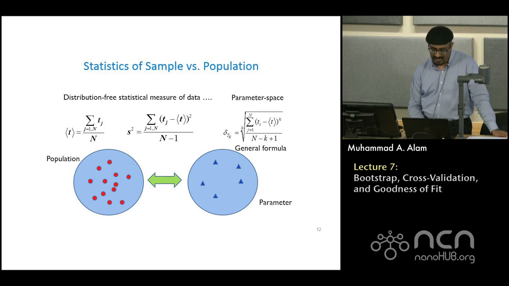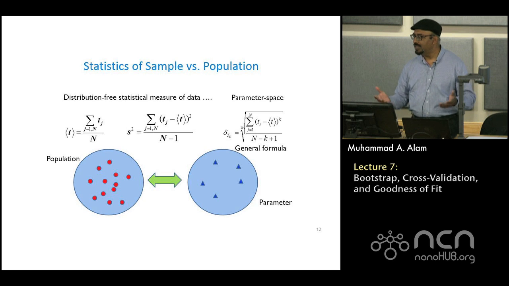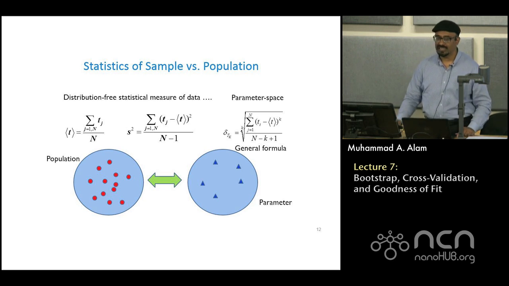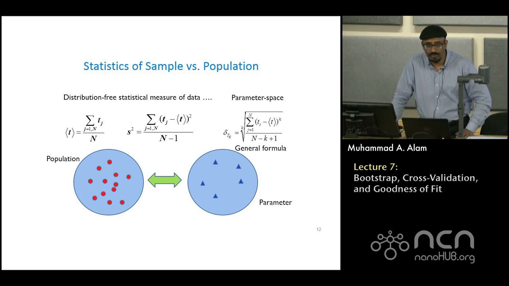Remember, in the beginning of the semester, I bemoaned the fact that if you have a population and then you take a sample, you don't know the population, right? You have just one sample, let's say the height of all the students in this room. Population is the height of all the students in the US, let's say. I cannot measure this.